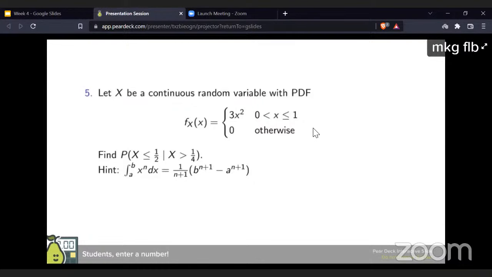So it's nothing similar to uniform, exponential, or normal. It is just one continuous function that is defined as 3x square. So if you plot it, it will become a parabola, right?